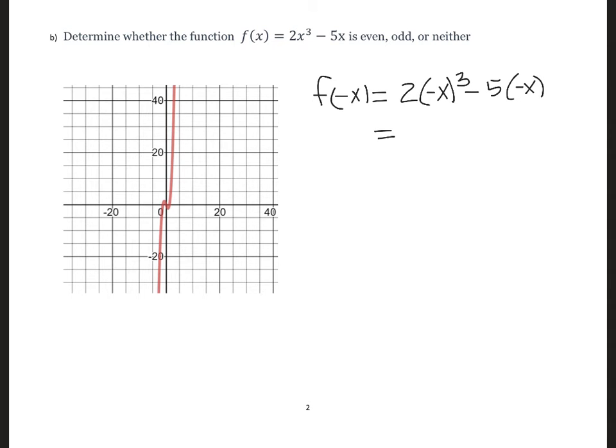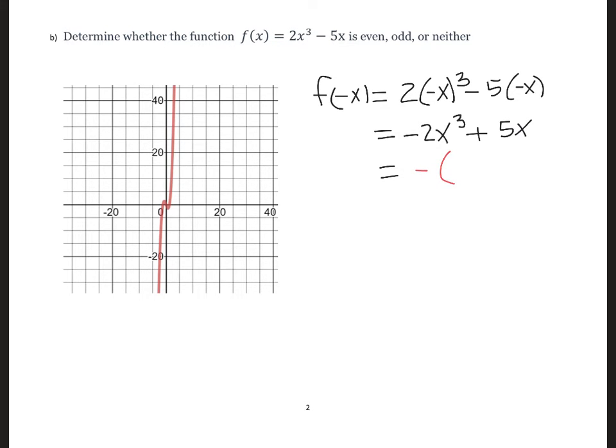And when I simplify that, I'm going to get negative 2x cubed plus 5x. And note this is not the same as f of x, so I know this is not an even function, but I can factor out the negative.